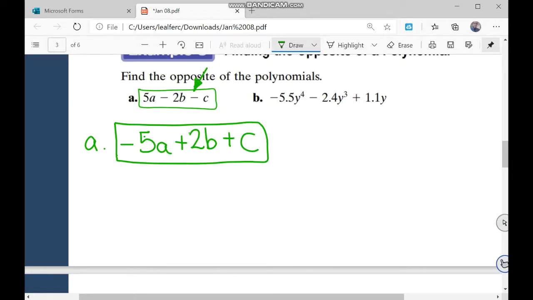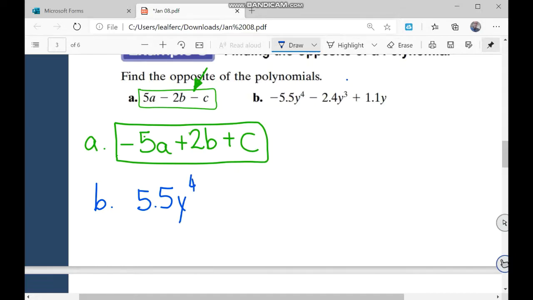Next one. What is the opposite of -5.5y exponent 4 minus 2.4y exponent 3 plus 1.1y? Let's find out. Check the first term. Find the opposite. -5.5, the opposite is going to be 5.5y exponent 4.